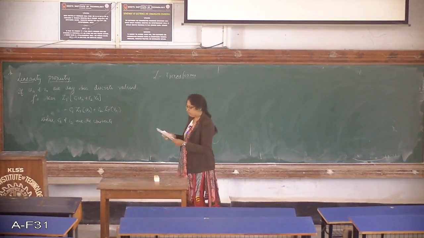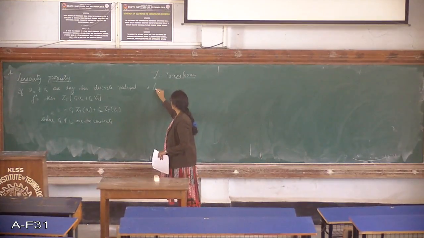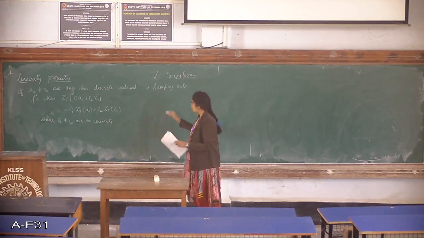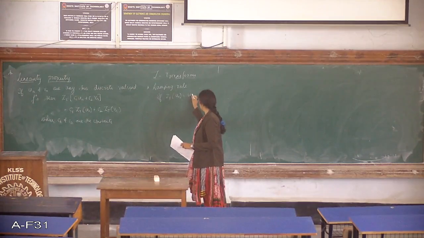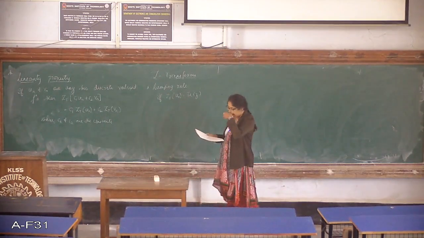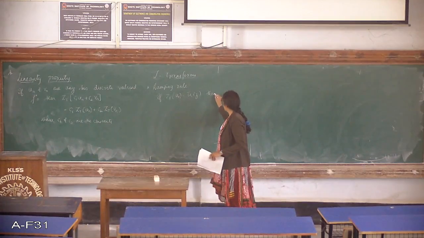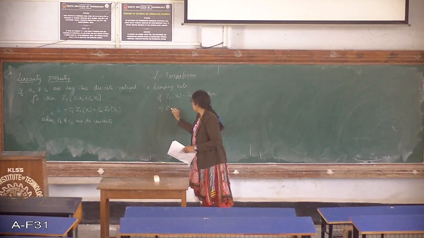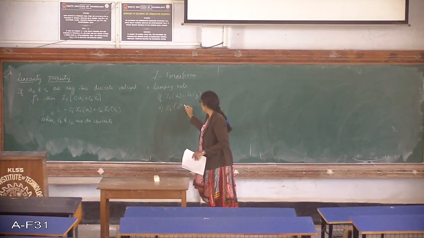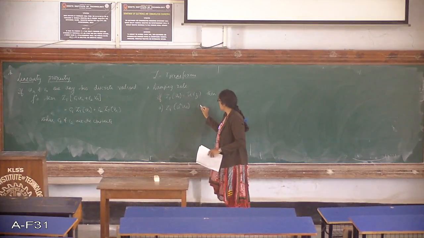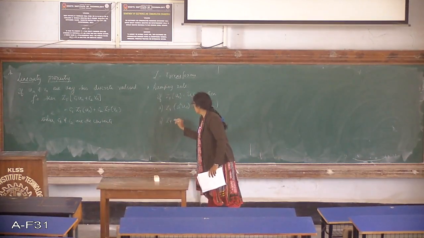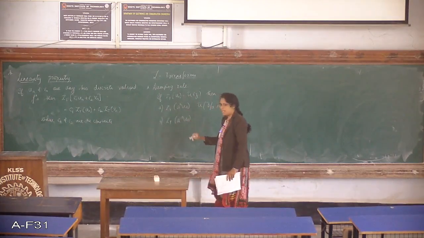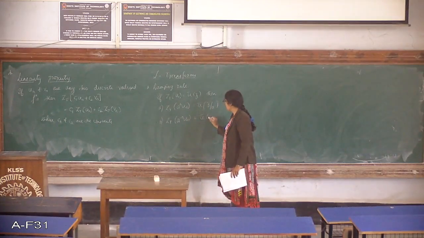Now, what the damping rule basically states is, if Z transform of Un is equal to U bar of Z, then first, Z transform of A raised to n Un is given by U bar of Z by A, and second, Z transform of A raised to minus n Un is given by U bar of Az.